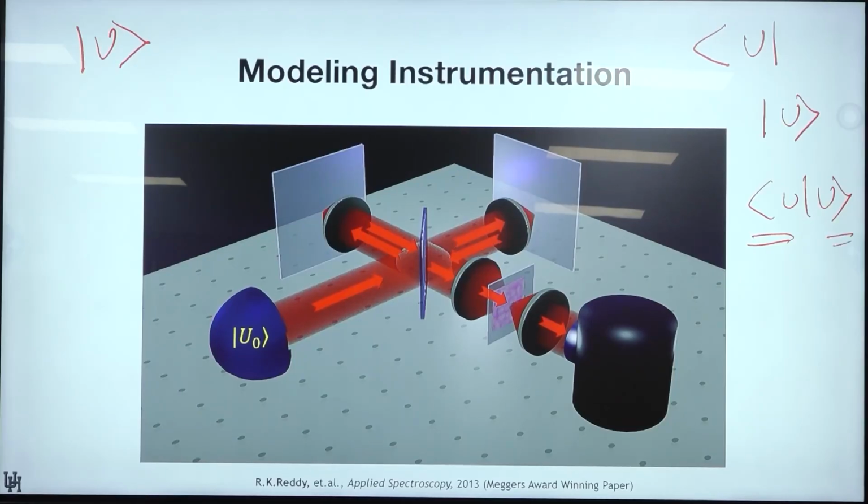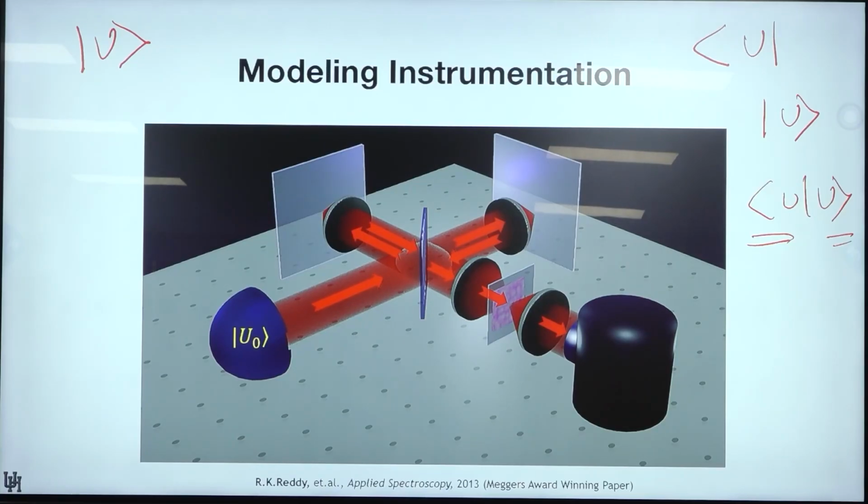This is called a bra, and this is called a ket, and we call it bracket notation. This is also called Dirac notation. This is used in quantum mechanics or physics. People who do physics use this often, but in optics, this is useful. I'll show you how this is useful.